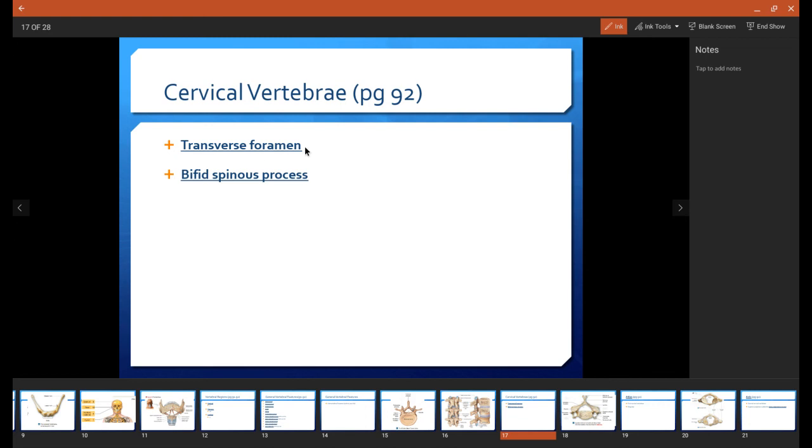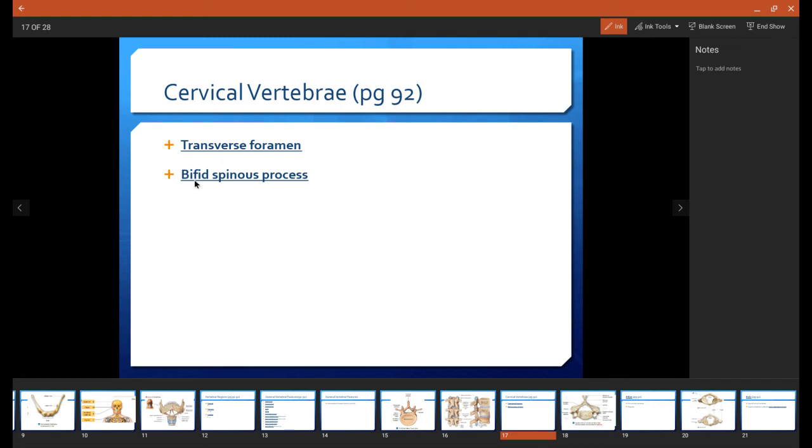And so in Unit 3, we'll talk about an artery called the vertebral artery that actually runs between these holes of the cervical vertebra called the transverse foramen. So this is only found in the cervical region. So if you find a hole going through the transverse process, you know it's a cervical vertebra.